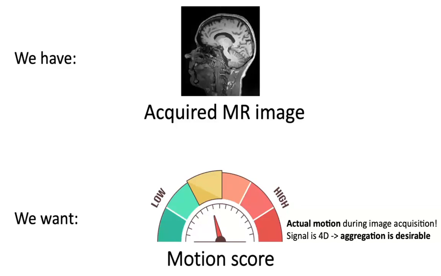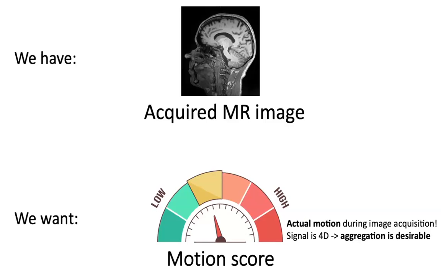But we want to have some actual ground truth or measured motion. And we want to best aggregate this into single scores, because of course motion is a complex signal. It's a 3D signal over time, so 4D, and therefore we want to kind of aggregate this so we can actually use it in some statistical analysis and not have these thousands of values.